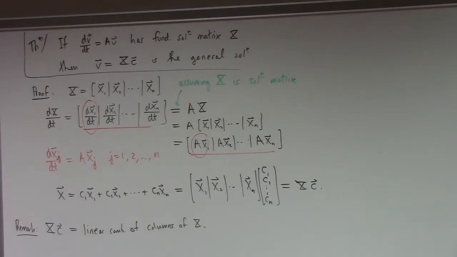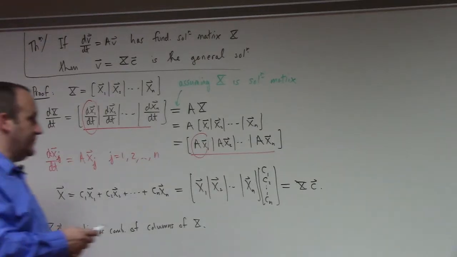So, e to the ta is the fundamental solution matrix, right? So if I multiply e to the ta times any vector, what do I get back? I get a linear combination of the columns of the matrix exponential. But this is a homogeneous problem, right? So the linear combination of solutions is, again, a solution.